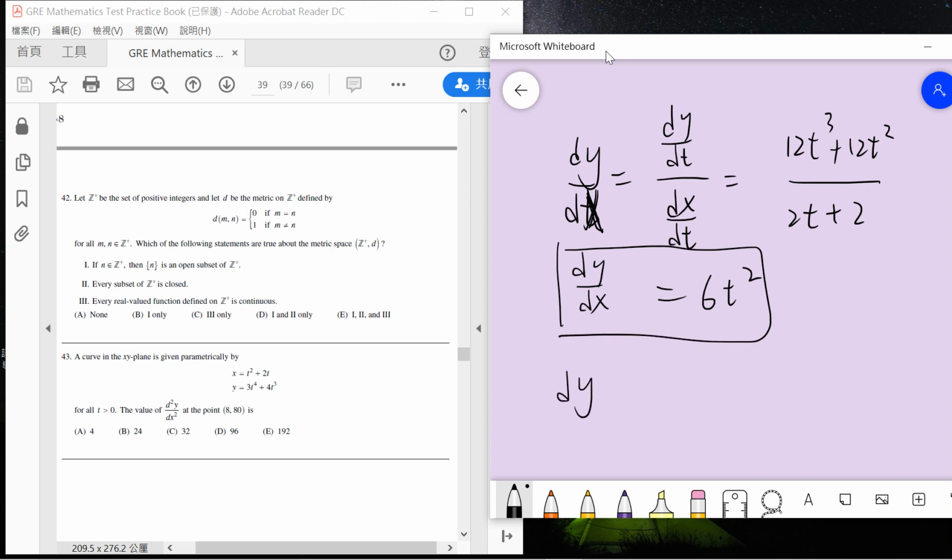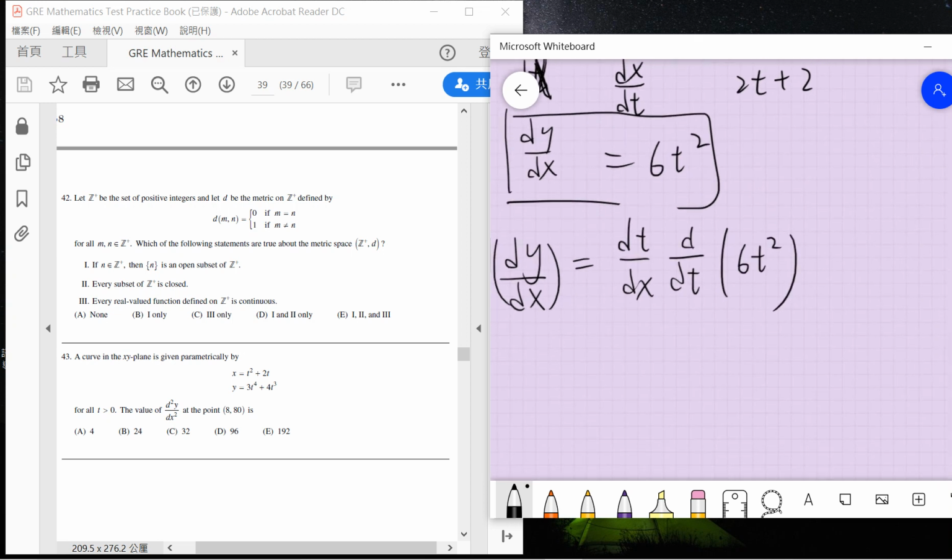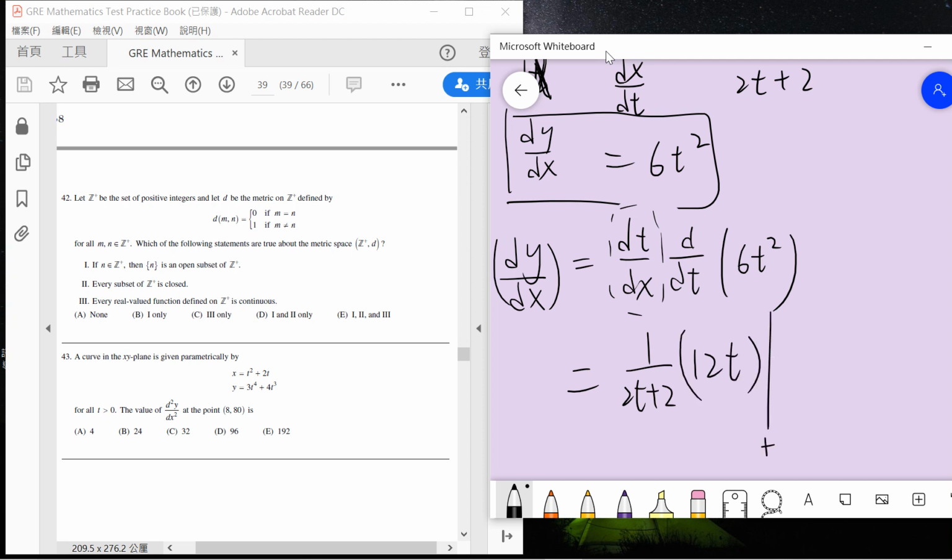Also dy/dx equals dy/dt times dt/dx. The first one is 1 over dx/dt, and dy/dt is 2t plus 2, which gives 12t. So plug in t equals 2, we get 24 minus 6. Then the answer is 4. So we choose A.